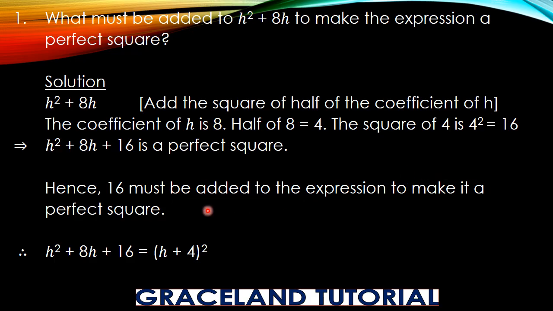So the perfect square is h squared plus 8h plus 16, which is equal to h plus 4 all squared. You discover that when you multiply h plus 4 by h plus 4, you get h squared plus 8h plus 16.